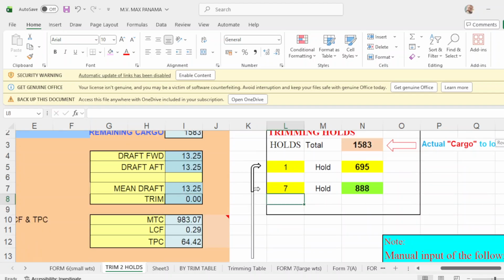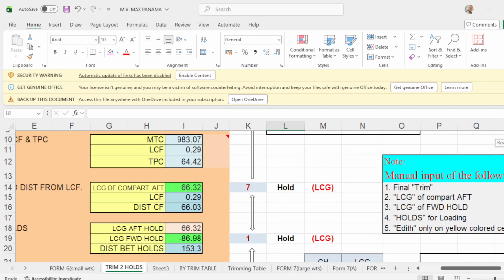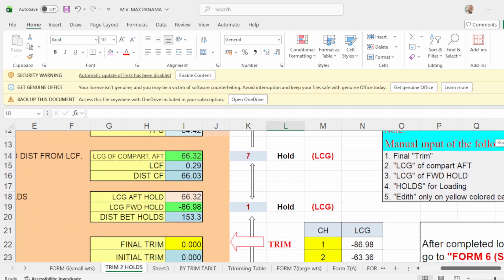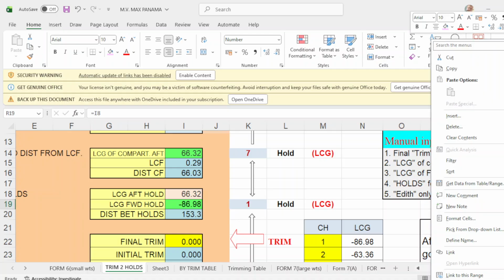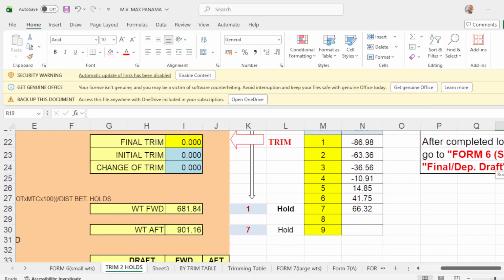Okay, and let's say for example you want to discharge depart at even keel, no trim, put 0, and the recommended cargo to load for number 1 is 682, and number 7 should be 901. So number 1 should be 682.